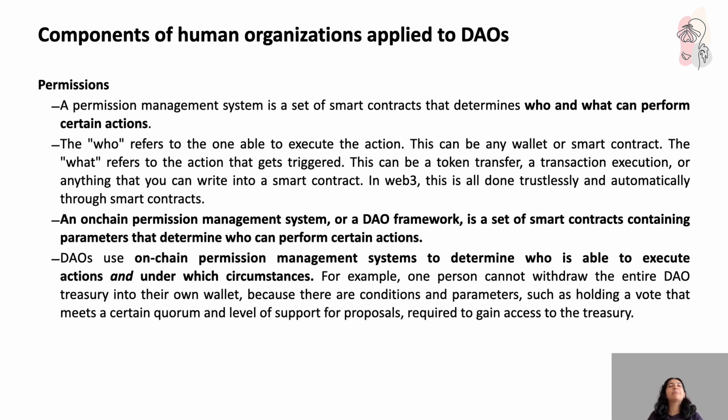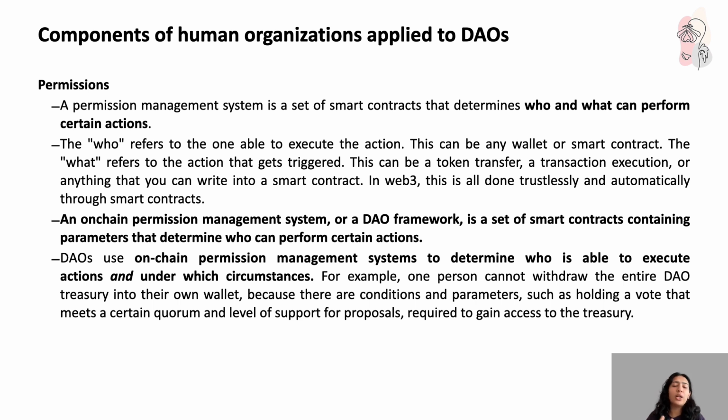Then if I talk about the permissions part, a permission management system is a set of smart contracts that determine who and what can perform certain actions. So it's just a set of rules like who and what can perform certain actions. The who refers to the one able to execute the action.